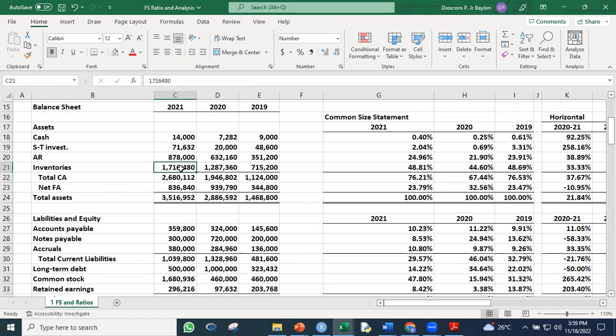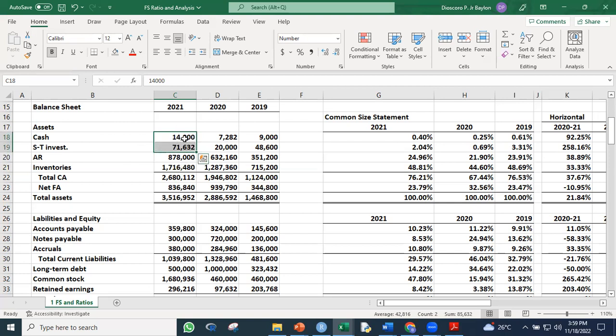What if inventories take a long time to produce as finished goods, and their AR takes a long time to collect, say with many doubtful accounts? That leaves the company with just the cash and short-term investments.